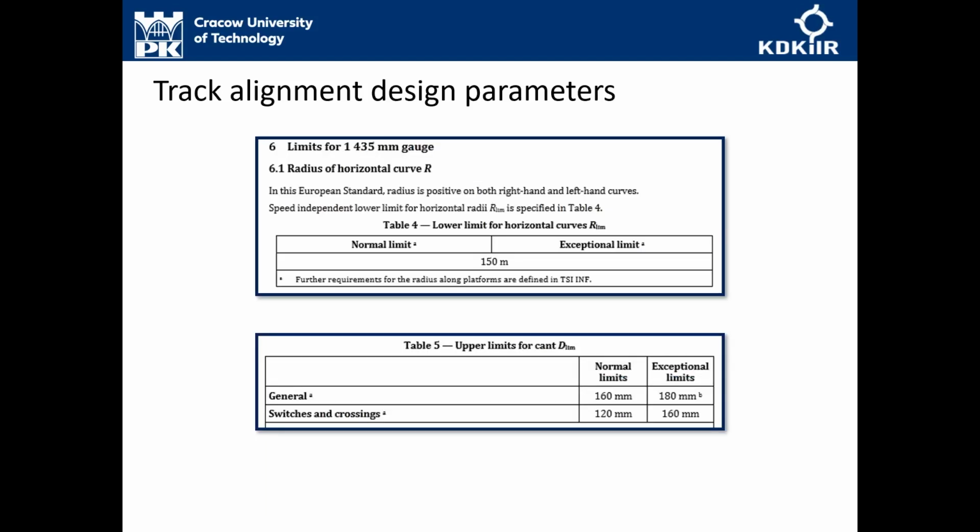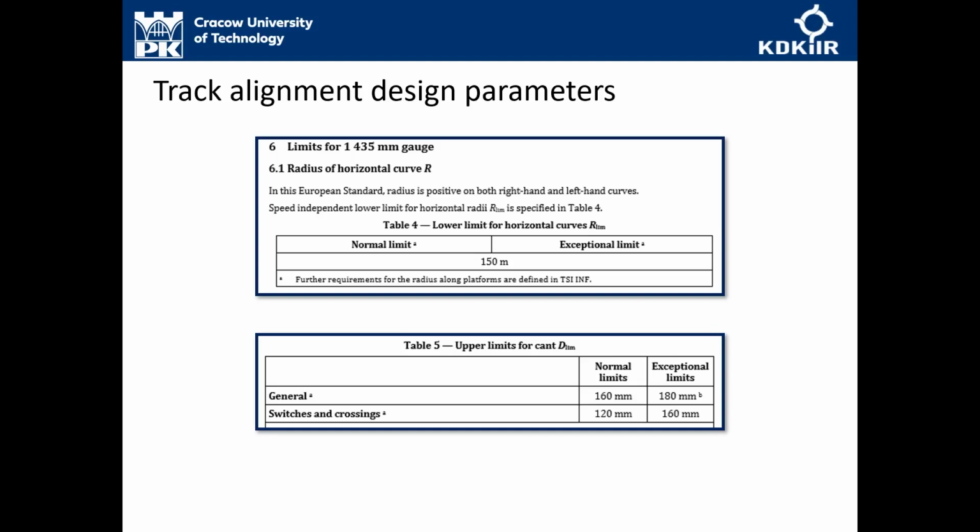Now that we have explained some key elements of our railway line, we can go directly to determining the key technical parameters. The EN standard allows us to estimate the radius of the part of the horizontal alignment, the circular curve. The minimum, the lower limit radius value, is 150 meters. Next, the standard specifies the normal maximum value of possible cant limit.